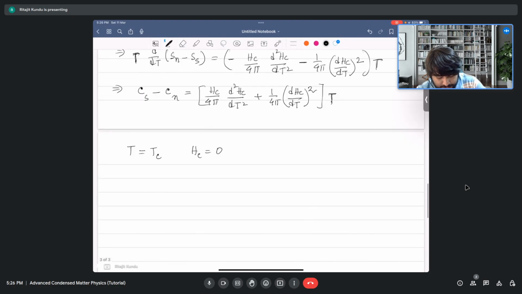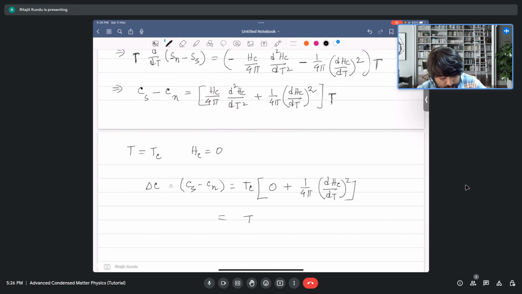At exactly that point, I can write this delta C, Cs minus Cn, as Tc. The first term will vanish because of this Hc, so it is 0 plus 1 by 4 pi times dHc/dT.